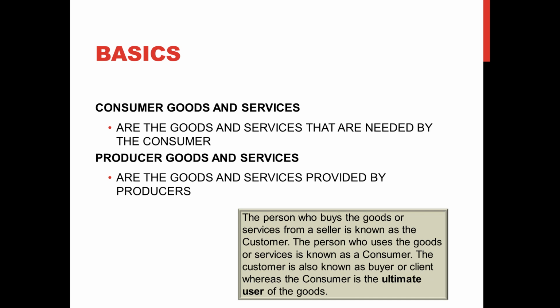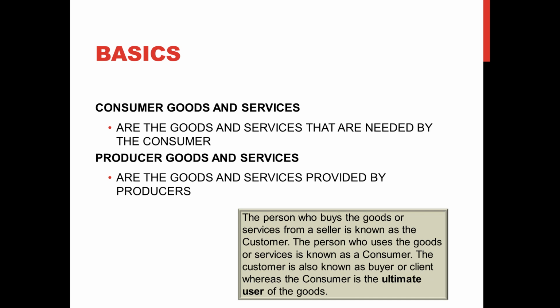An example is when a child is sent to the store to buy, say for example, cooking oil or soap. It is not necessarily the child who will use the soap or the cooking oil, but rather the one who sent them, of course.